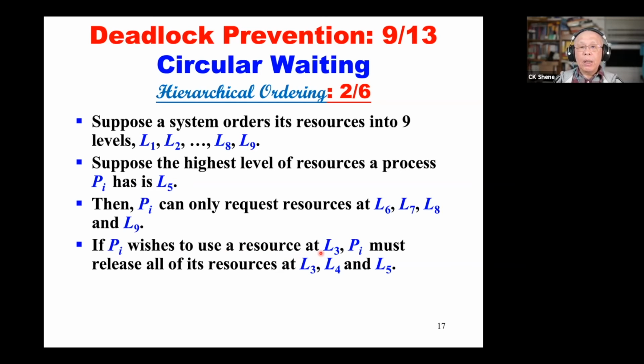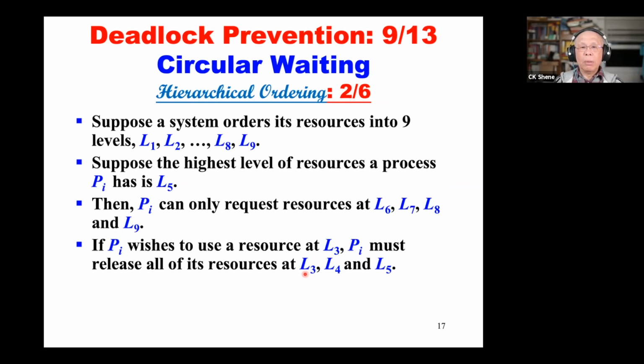Level 3 is lower than level 5. Therefore, Pi must release all of its resources equal to or higher than level 3. So Pi must release all its resources at level 5, all resources at level 4, and all resources at level 3.